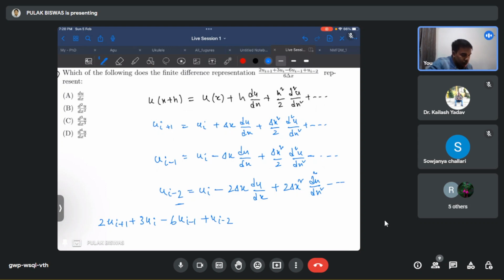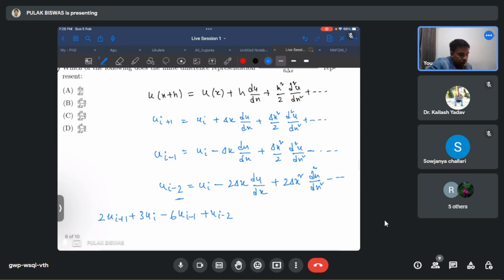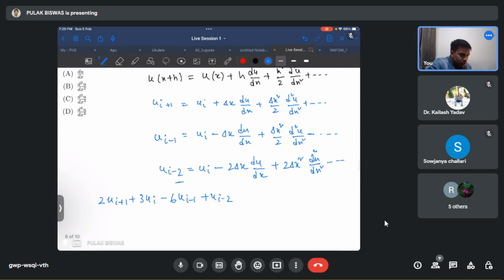So what is coming, if we add up like this, 2 u i plus 2 delta x du dx plus delta x squared, and maybe the rest of the terms.